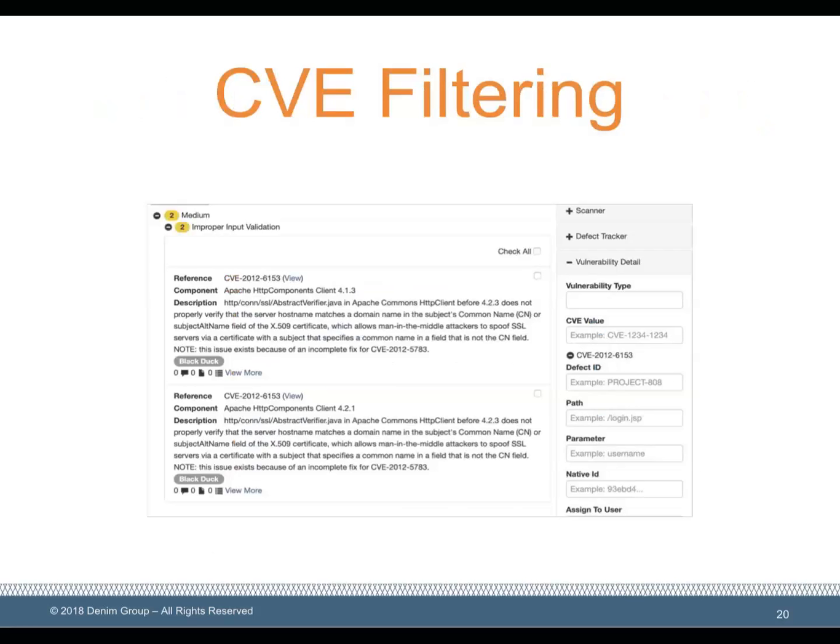For quite some time, we've allowed you to pull the software composition analysis data into ThreadFix, and now we've improved our reporting on that. So you can look across your entire portfolio and say, we just found out that there is an automated exploit out there for the most recent Struts or Spring vulnerability. Show me all the applications that I have that are potentially subject to that, and let's potentially bump those up to the top of the list.